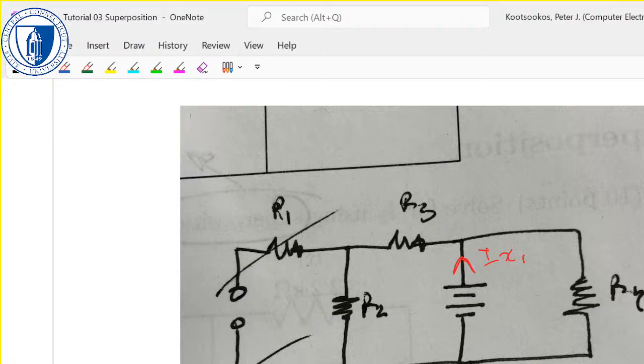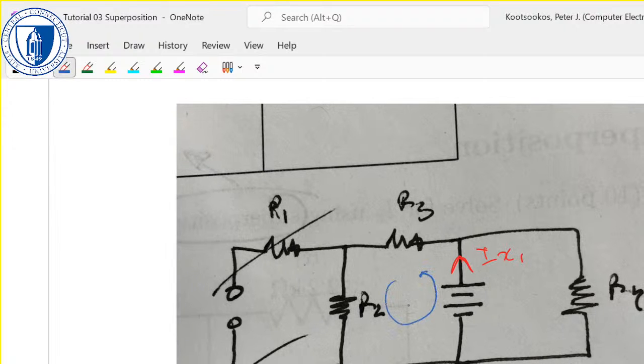This one is pretty simple, so that would be a perfectly valid way to do it. We could also do a mesh analysis, and solve I1 and I2, but that might be overkill for this. I usually like solving things in the simplest way possible, and in this case, just doing the equivalent resistance approach is probably the simplest.